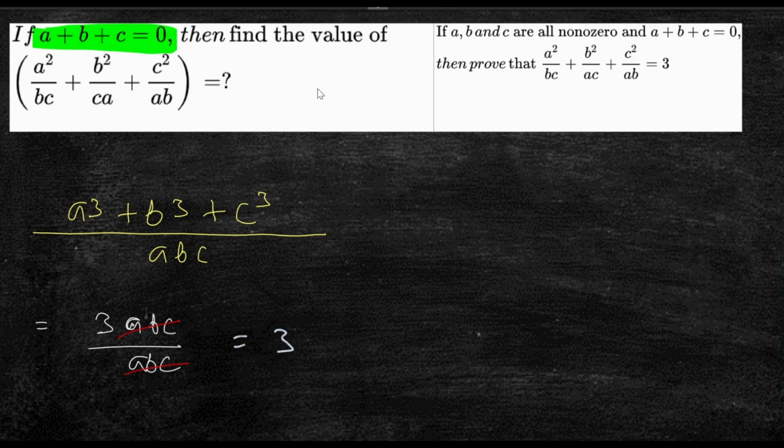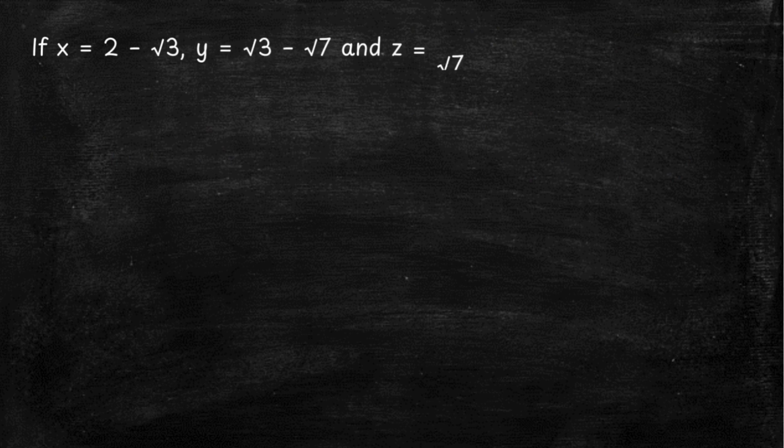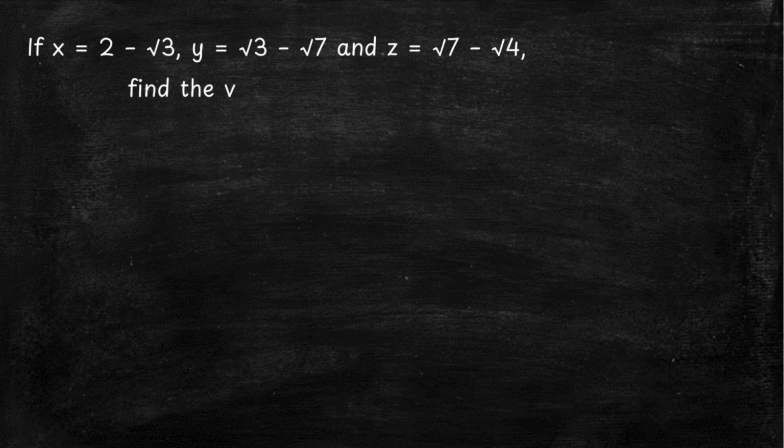So 3 is the answer in this case, and in the next part we have to prove this as equal to 3 only. If x equals 2 minus root 3, y equals root 3 minus root 7 and z equals root 7 minus root 4, then we have to find the value of x cube plus y cube plus z cube.